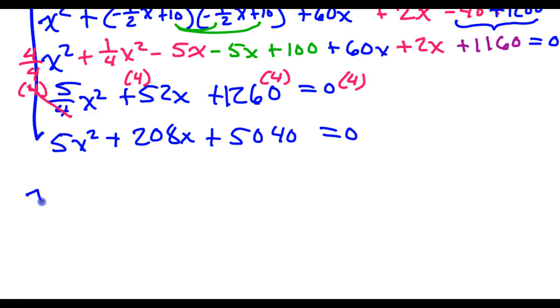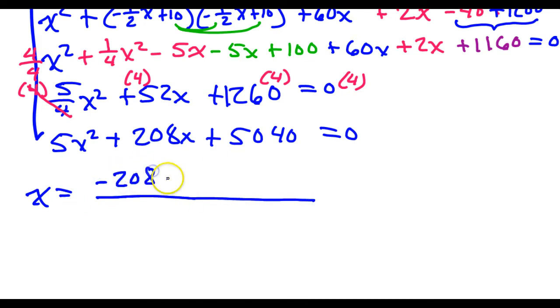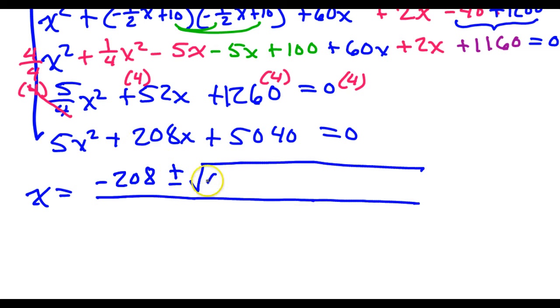So the quadratic formula says the solutions will be opposite of b, so that's negative 208, plus or minus the square root of b squared, so that's 208 squared, minus 4ac, all over 2a. Well, a is 5, so 2a is 10.